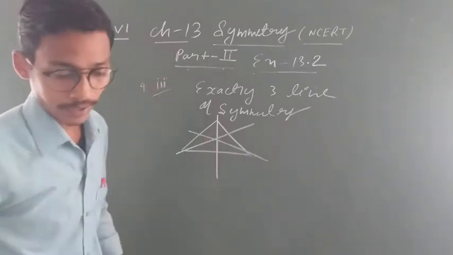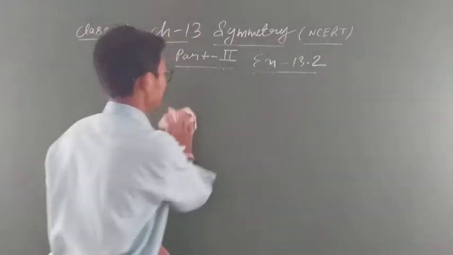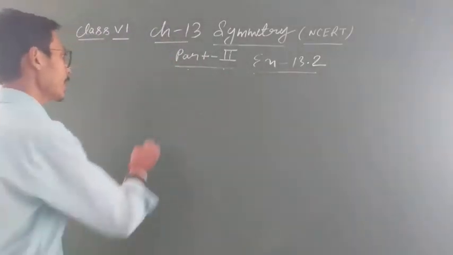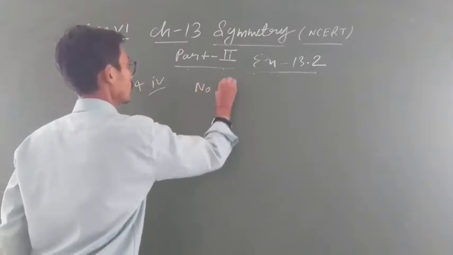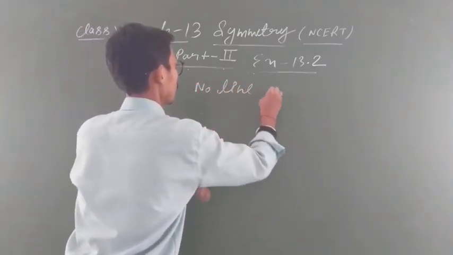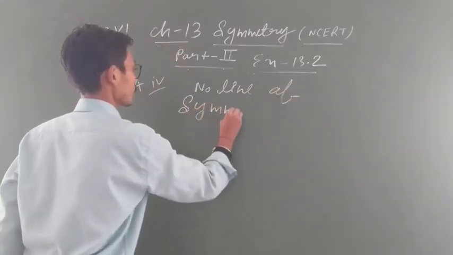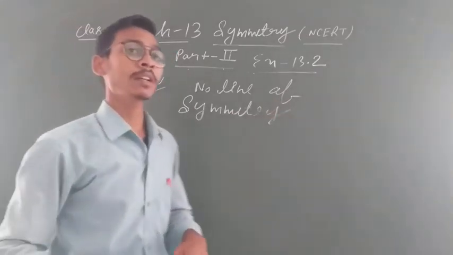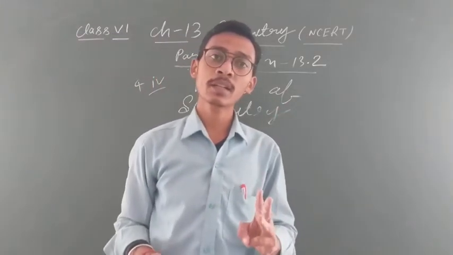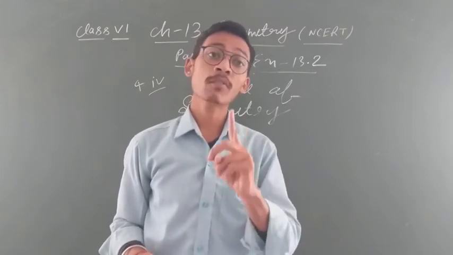ठीक है. Now next is given no line of symmetry, student. No line of symmetry मतलब there should not be any line of symmetry. अब you know that in an equilateral triangle three lines of symmetry, in a scalene triangle zero lines of symmetry, in an isosceles triangle one line of symmetry.